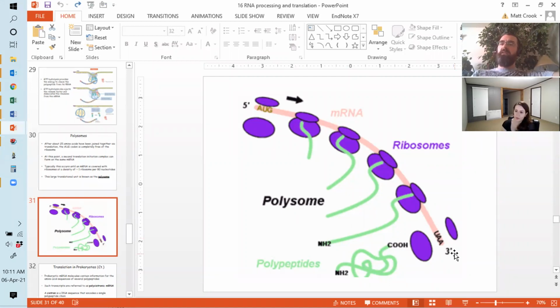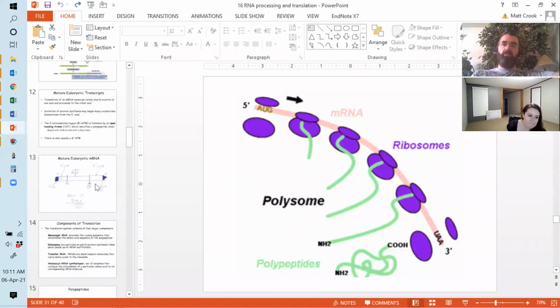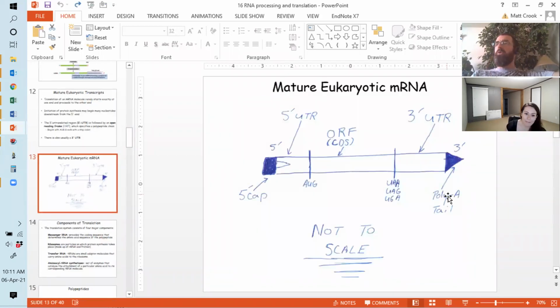In eukaryotes, essentially that goes all the way back to the 3' UTR. There are lots of proteins and small RNAs that can bind to the 3' UTR and inhibit translation. They do that by affecting the poly-A binding proteins.